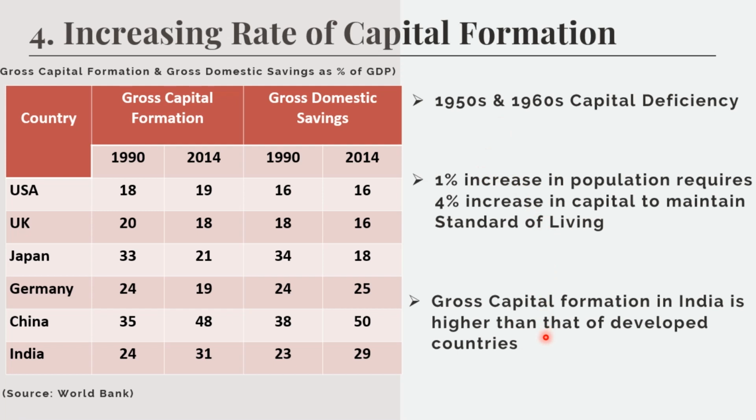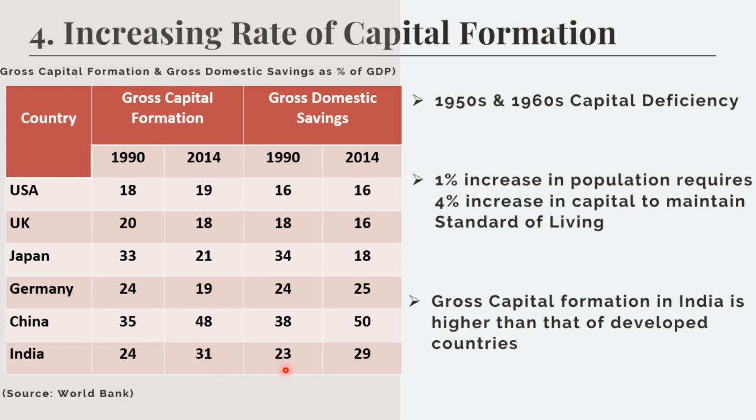In this particular table we can see gross capital formation and gross domestic savings as a percentage of GDP. In 1990, India's gross capital formation was 24% of GDP, and in 2014 it increased to 31% of GDP.